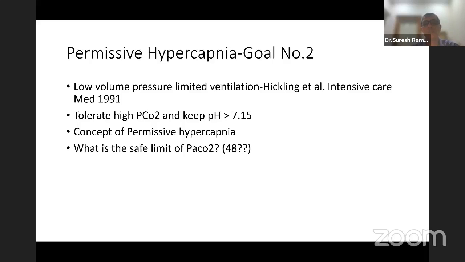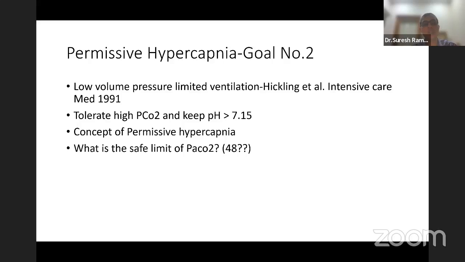volume pressure limited ventilation. And this led to the second goal, which is called permissive hypercapnia. This was a paper published in 1991 by Hickling in Intensive Care Medicine, which looked at significant mortality benefit with low volume pressure limited ventilation.